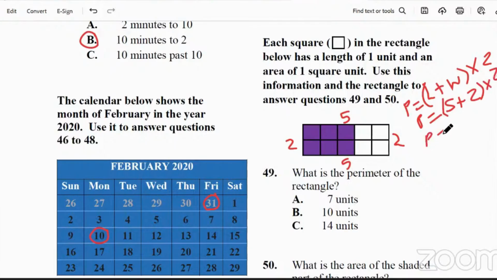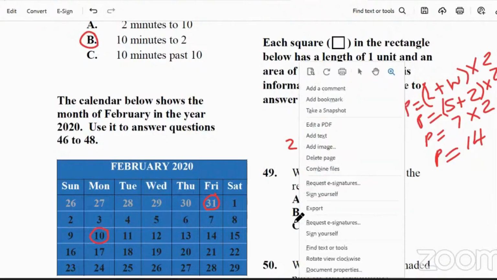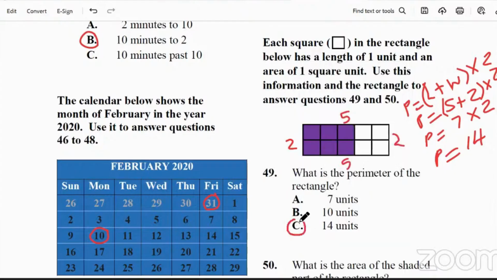So the perimeter would be equal to 7, because 5 plus 2 is 7, times 2. Okay, the perimeter is equal to 14. Or we could have added all the sides. 5 plus 2, that's 7, plus 5, that's 12, plus 2 more, that's 14. So the perimeter is 14.